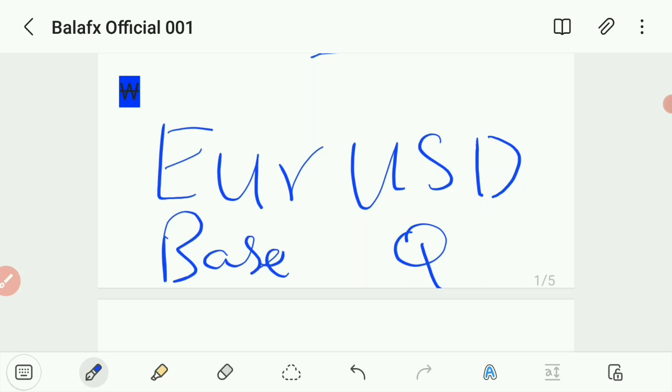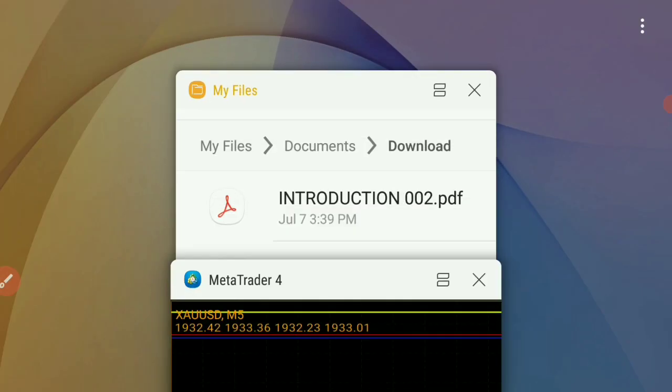To say you are buying this, indirectly you are selling that in your trading platform. This is where I show you this place.